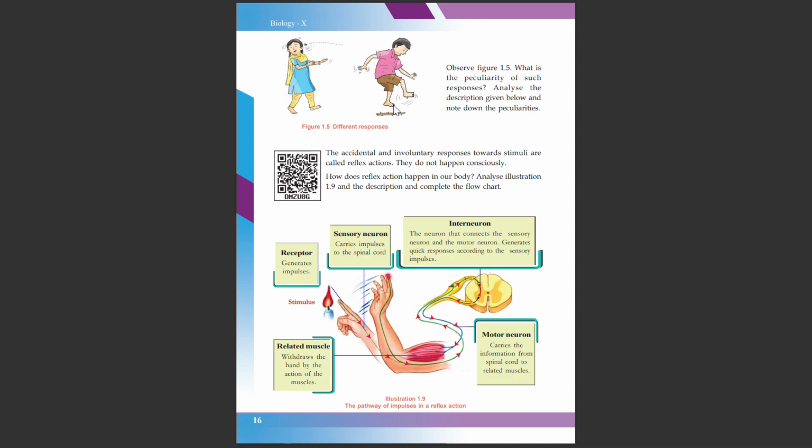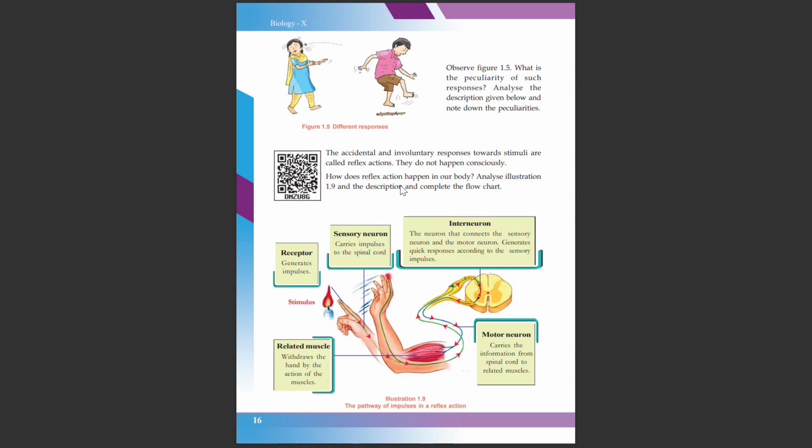What is his reflex action? It is an accidental and involuntary response. Like when you're in danger, the thing which you do is involuntary. You're not doing it voluntarily. That is called reflex action. They do not happen consciously.